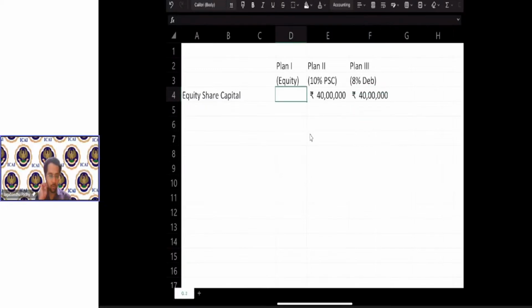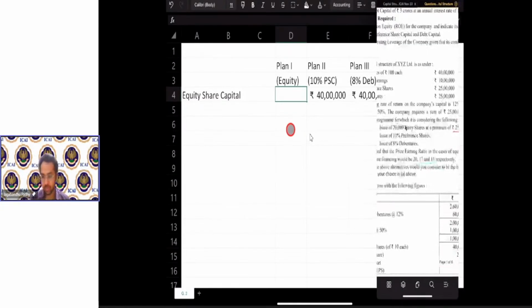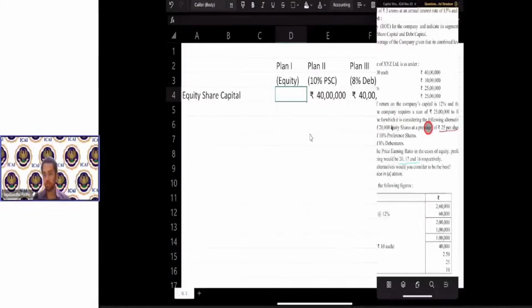What about plan 1 equity? Is it going to continue at 40 lakh? Of course not. Plan 1 equity share capital is going to increase because we are issuing certain shares. In the question, the first option is the issue of 20,000 equity shares at a premium of rupees 25 per share.